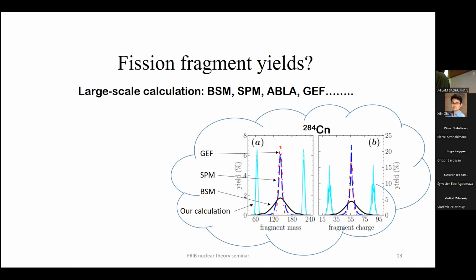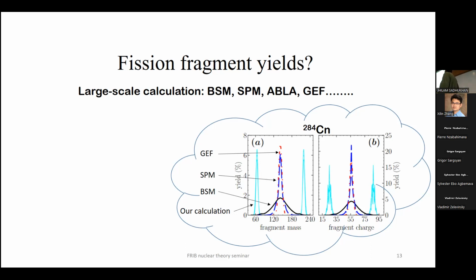But the point is that if we compare these different models, we can see that there is a large discrepancy between them. This is the yield calculation for 284 Copernicus, and we can see that different models really predict different yield distributions. In our calculation, we get a cluster for this type of nucleus, very well separated, with a cluster here and a very heavy fragment.